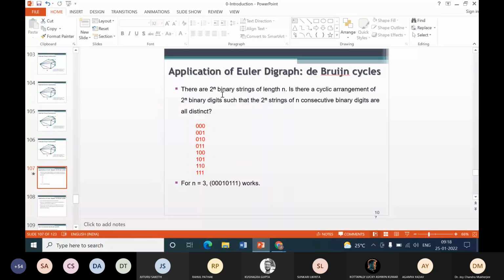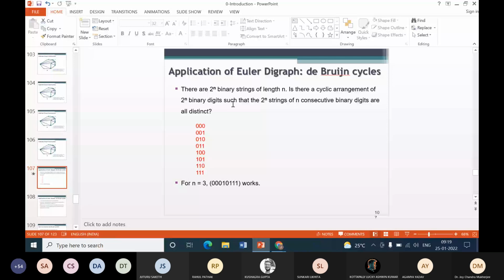If n is 3, we have 8 different combinations. Now the question is: is there a cyclic arrangement of these 2 to the n binary digits such that the 2 to the n strings of n consecutive binary digits are all distinct?